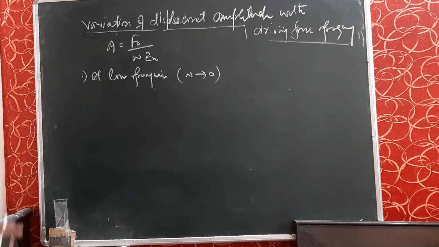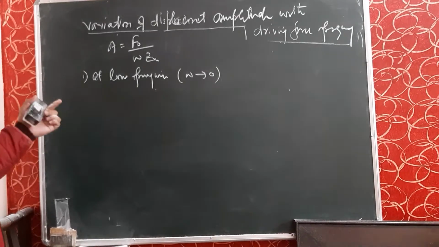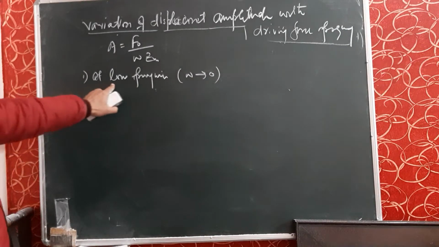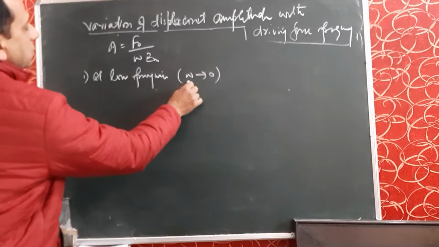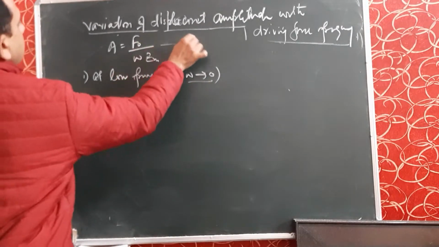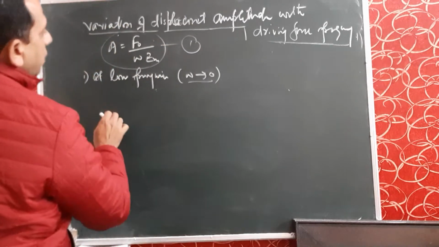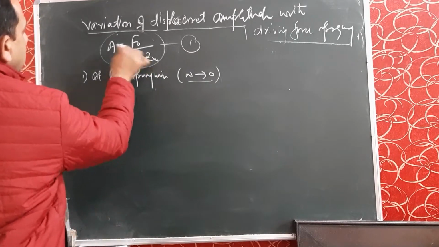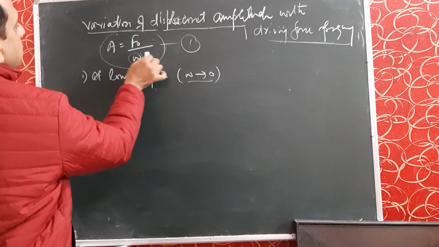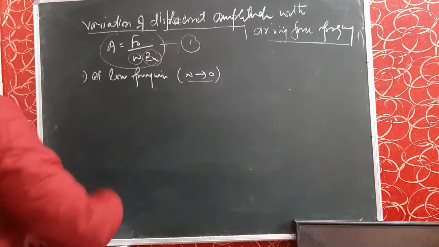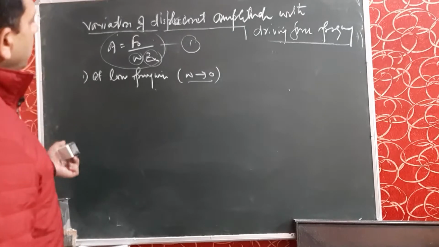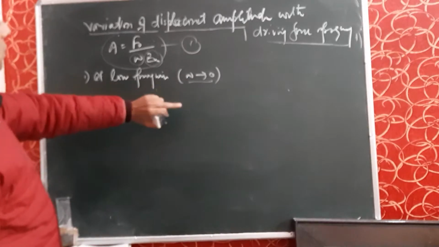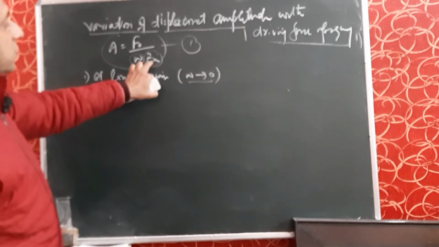In this equation 1, omega appears in the numerator, and it also appears indirectly in the value of Zm. So, first of all, I will discuss what the behavior of Zm is when omega tends to 0.